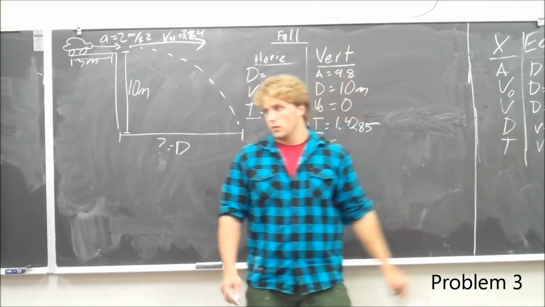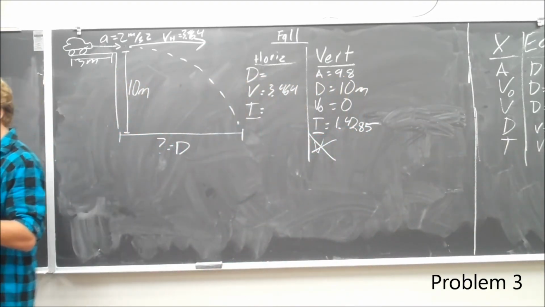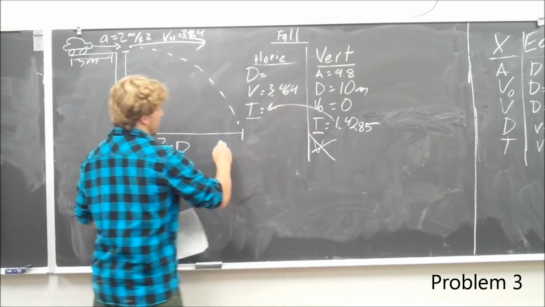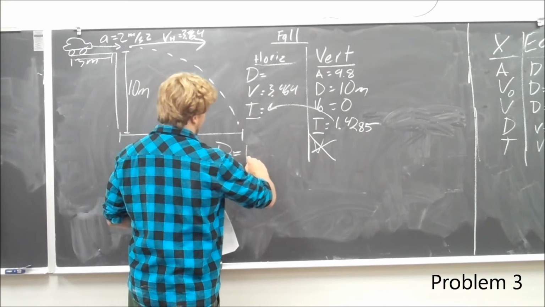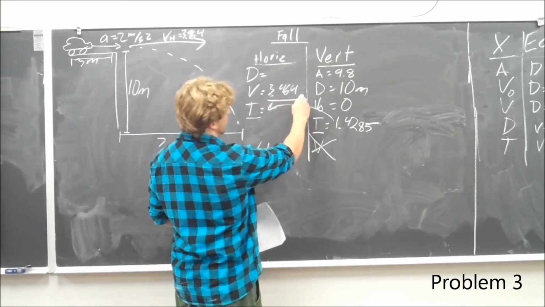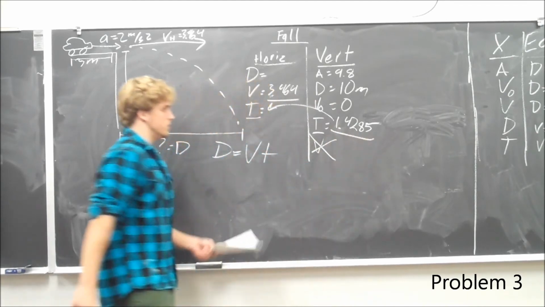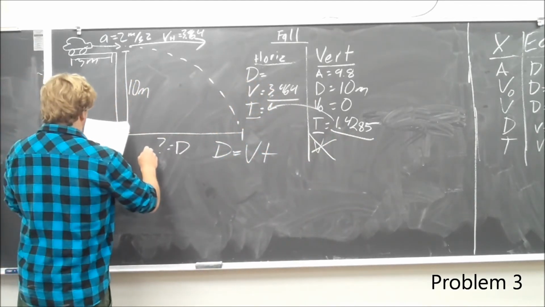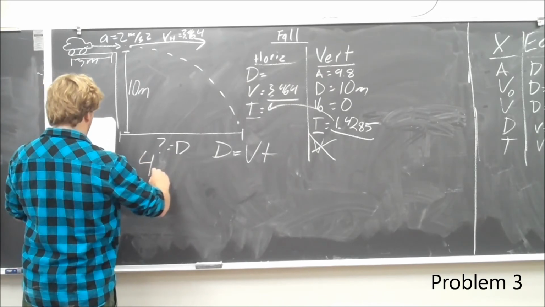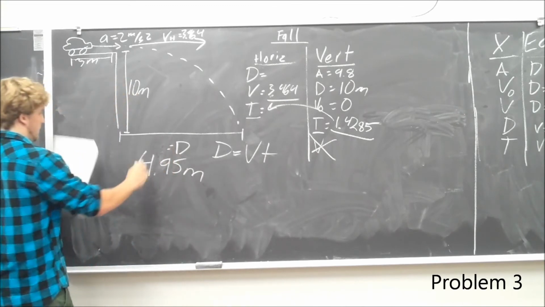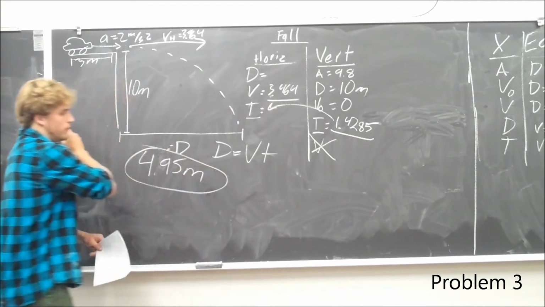Done. Cool. Alright. Now I know this t, bring it over here. D is equal to this v times this t, so 3.464 times 1.4285 is equal to 4.95 meters. That is d. And hey, that's the answer.